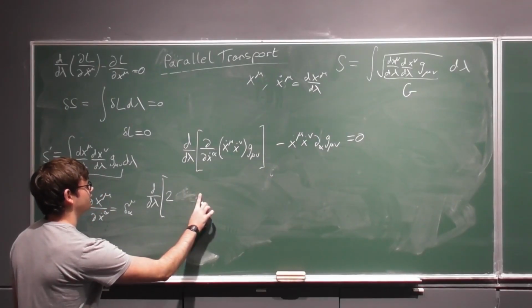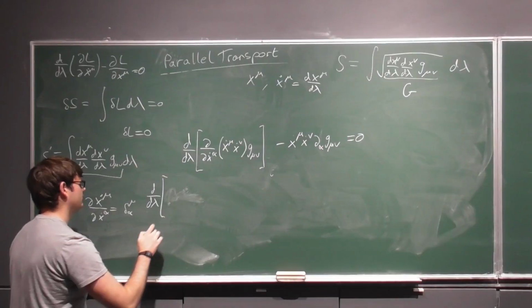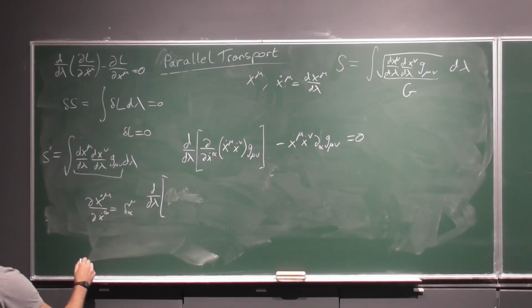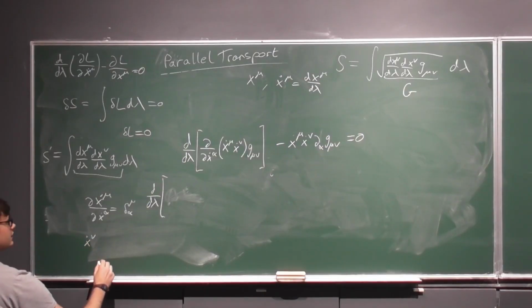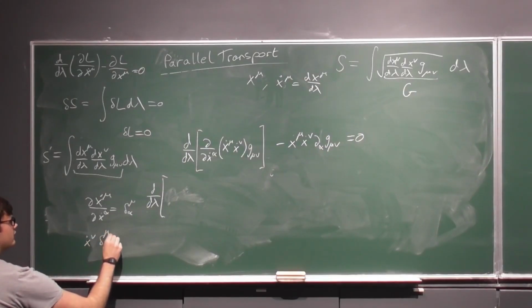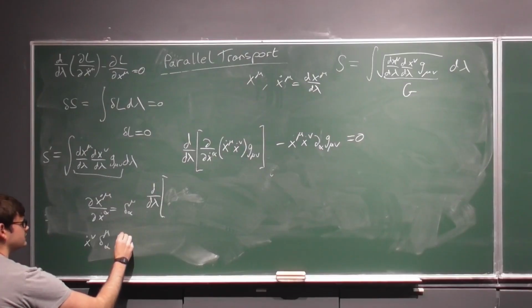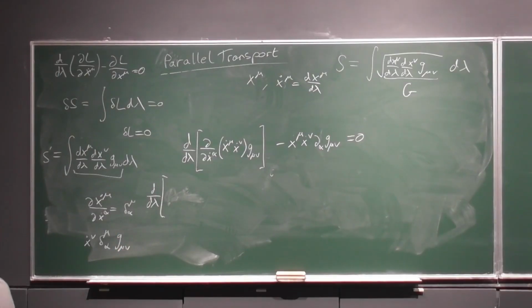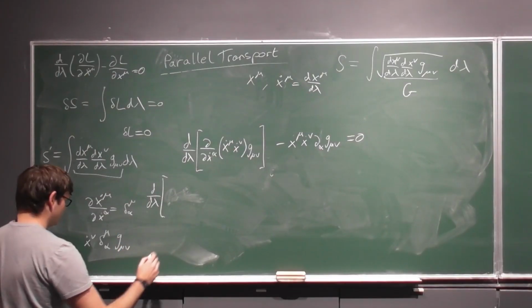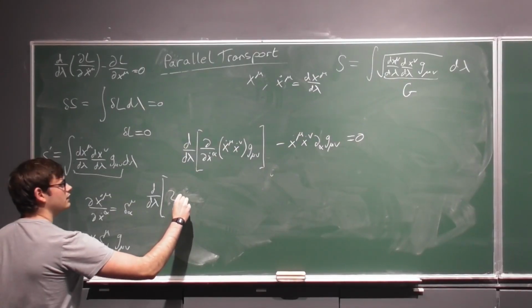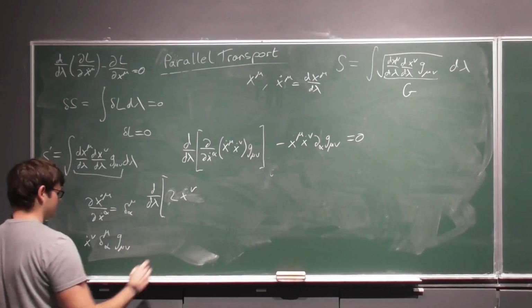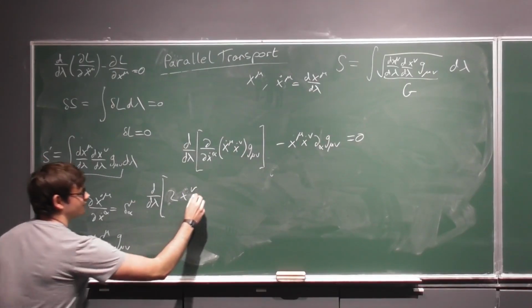Let's do it out properly so I don't mess things up. So the first term will give us x dot nu, d mu alpha, d mu nu. That would give us 2 x dot nu, and then the mu and the alpha are the same.